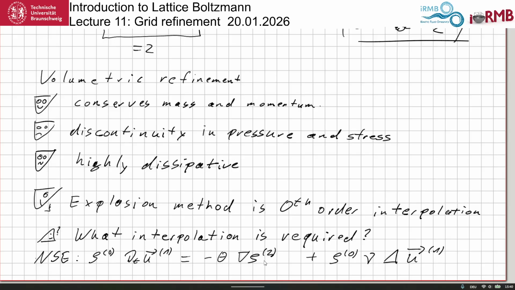So what do you not want to vanish? Here you have, of course, the first derivative. In order to keep the structure of this, you need at least linear interpolation.